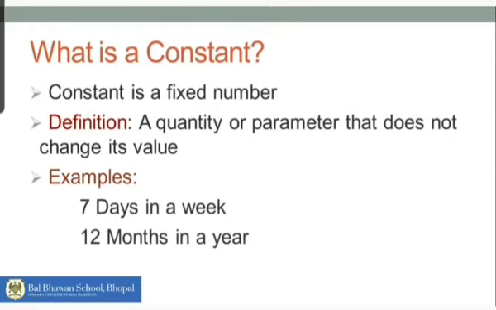For example, in a week there are 7 days and it is fixed. Similarly, in a year there are 12 months and it remains same. So these are the constant things which do not change. So we call it a constant.